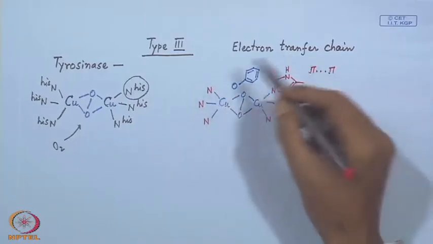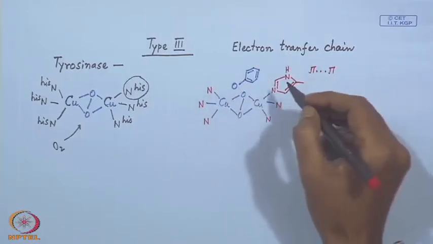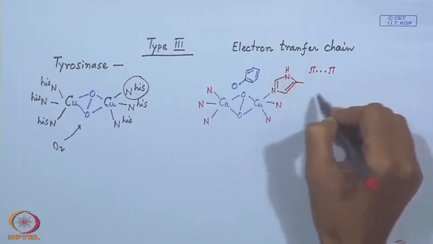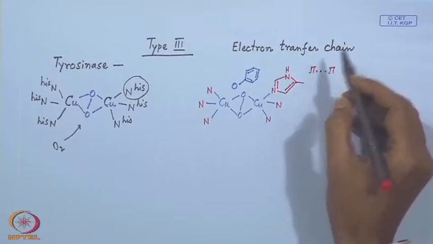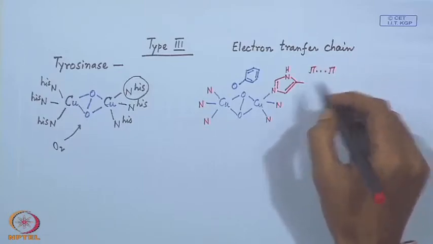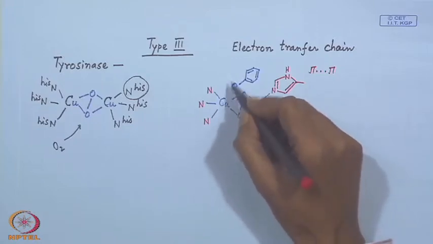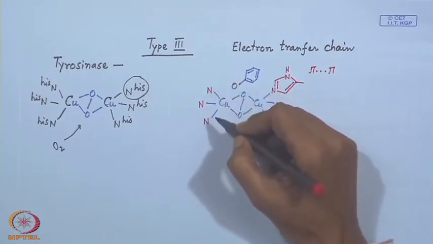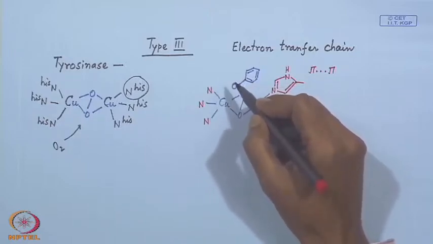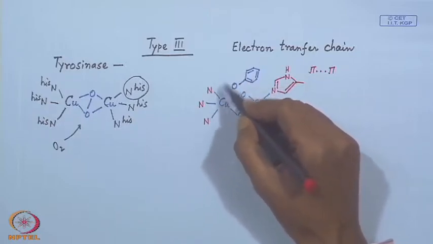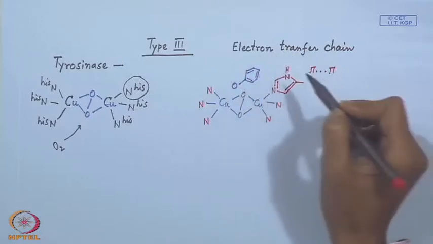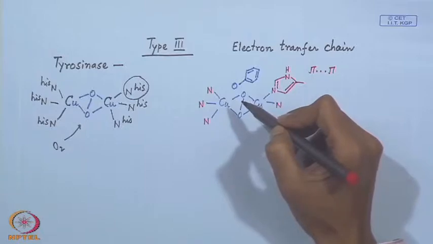This pi-pi interaction is important because it is some kind of secondary interaction, like we sometimes find with hydrogen bonding, where a metal center is bound to a water molecule or any other function which can donate a hydrogen bond, and that water molecule can show hydrogen bonding interactions to something else which is not bound to the metal center.